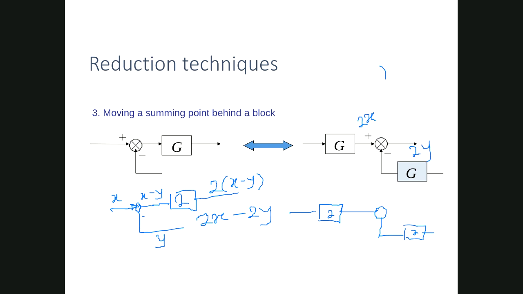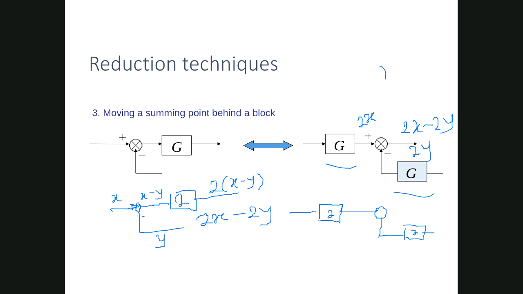And at this point, we have 2x minus 2y. So you see, we're still getting the same thing. We're just trying to move this block to come before the summation in such a way that the signal after it still remains the same.